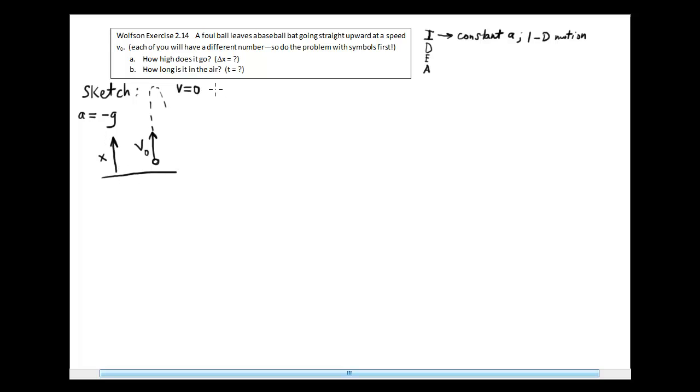And so those are the quantities that are given to me. What I'm trying to find, right, is delta x, from the original spot to the maximum height. So that's x minus x0, or, as I've indicated in the problem, delta x. That's what we're trying to find.